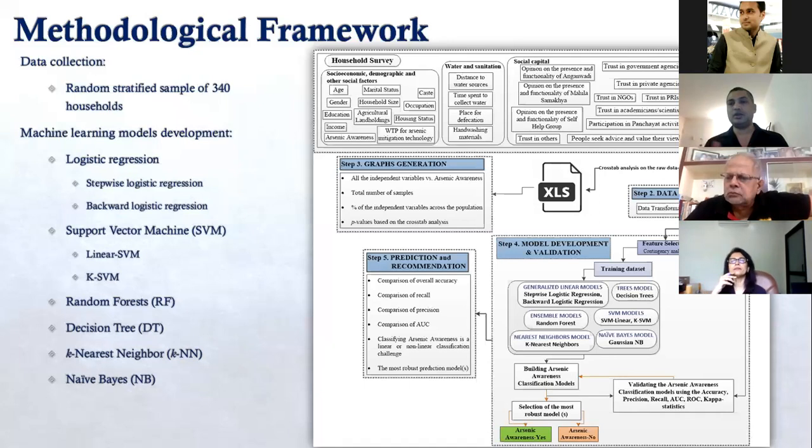Since my data was very clean, I didn't have any problem, but still I had to do some transformation and standardization. After that, one of the most important steps in machine learning processes is feature engineering and feature selection. Feature engineering is basically when you already have variables like predictors, and you create another new variable out of them.